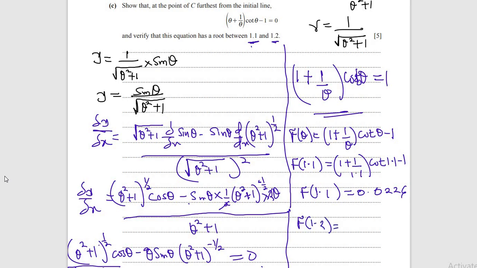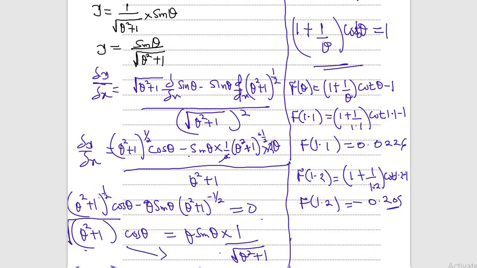Now also put 1.2. When it is 1.2, that will be 1 plus 1 over 1.2, cot 1.2 minus 1. When it is 1.2, we have minus 0.209. Now there's a change in sign.